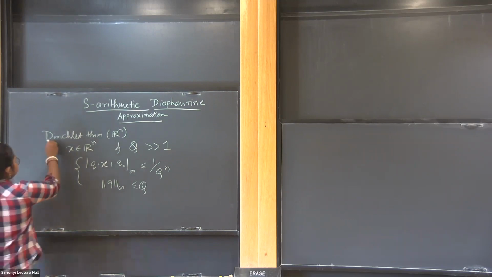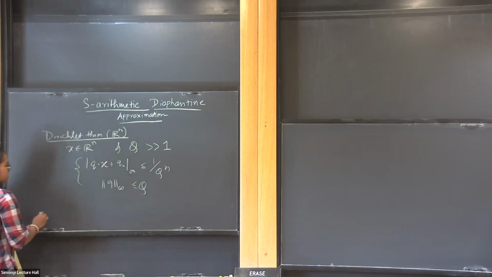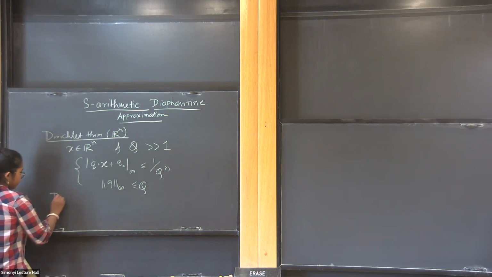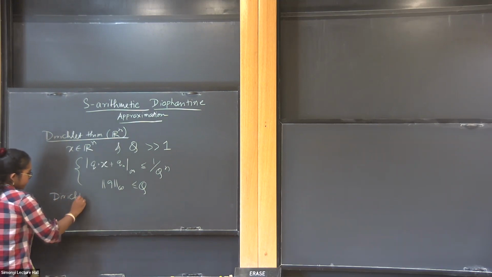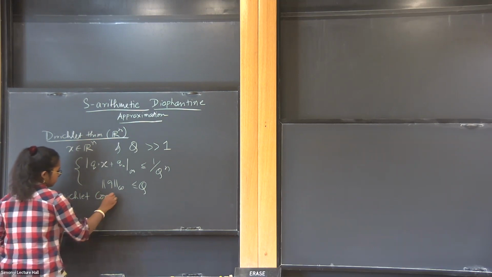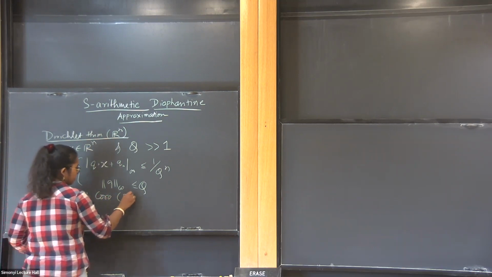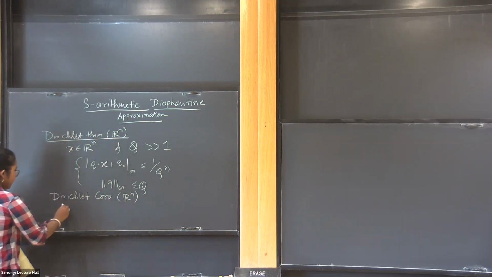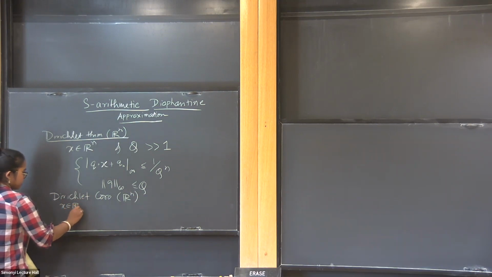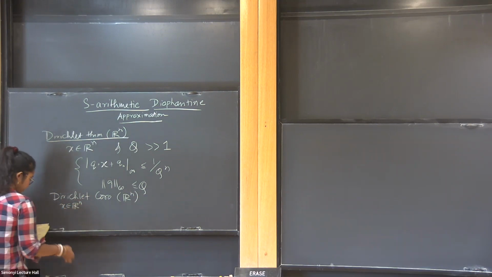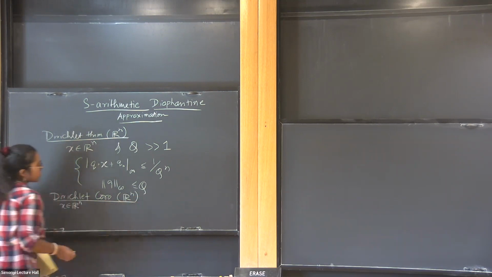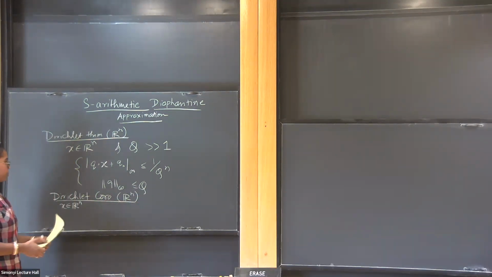And immediately it follows, what I call the Dirichlet corollary, that for any x in Rn, you can get infinitely many.